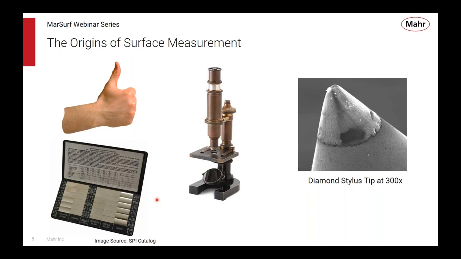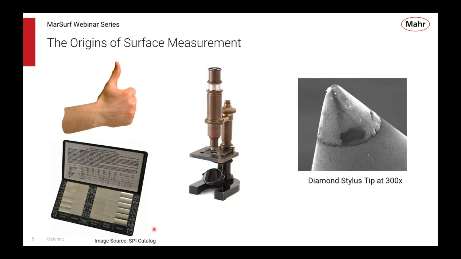And you see in this box of masters, there's grinding, milling, turning types of surfaces with different types of surface finish, and that's still in use some places today. Not very common in usage. We don't actually make those kinds of masters. We make instruments to actually measure the finish, but you will see these in machine shops around the world today, still sets of these artifacts to compare the thumbnail test to.